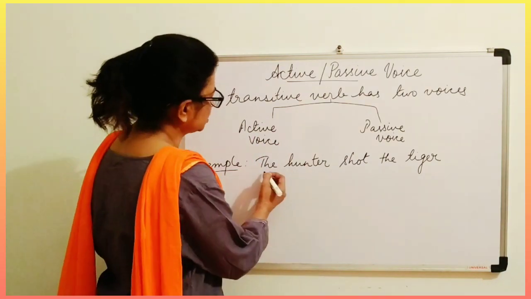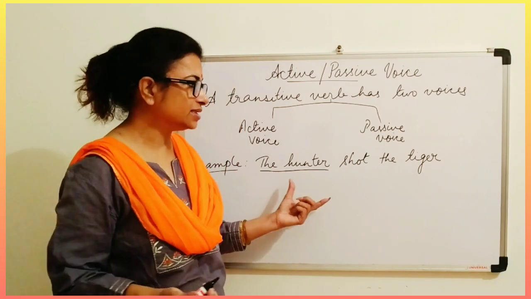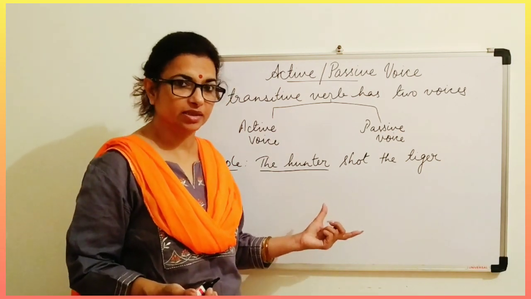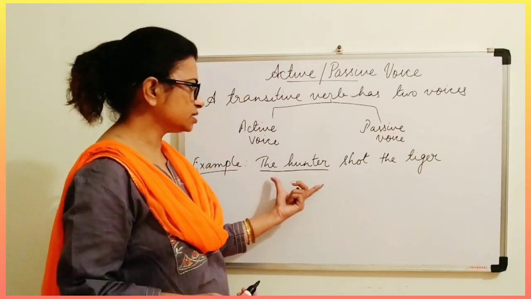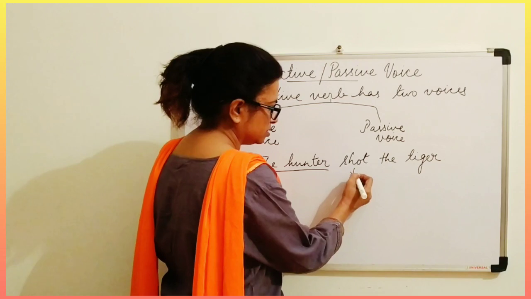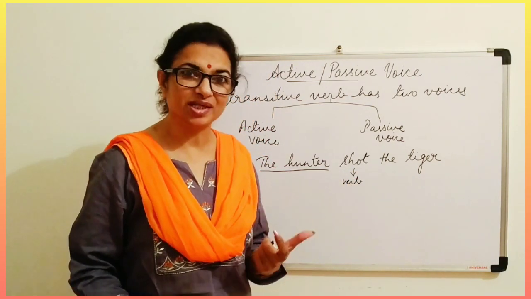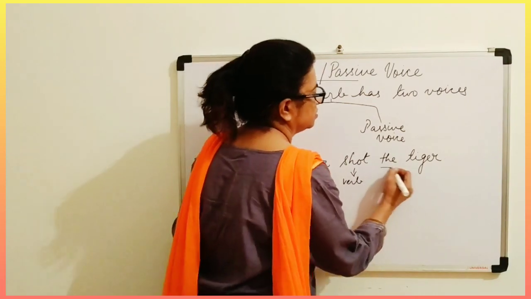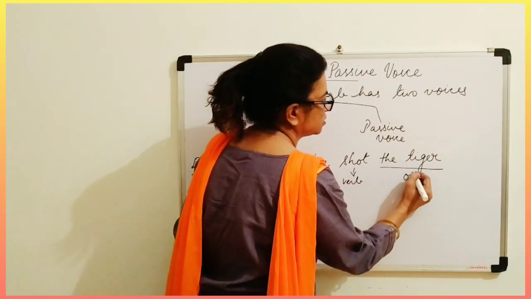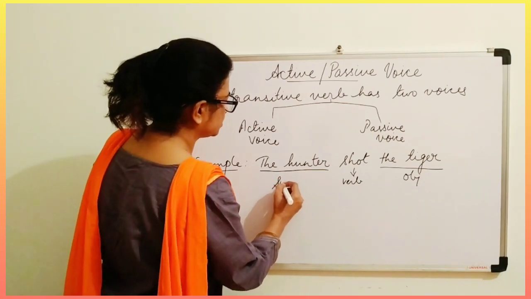Now, what is the hunter? It is the subject. In a sentence, we have a subject and a predicate, isn't it? So, this is the subject. And what is the verb here? This is the verb. And where is the object? The tiger is the object here.